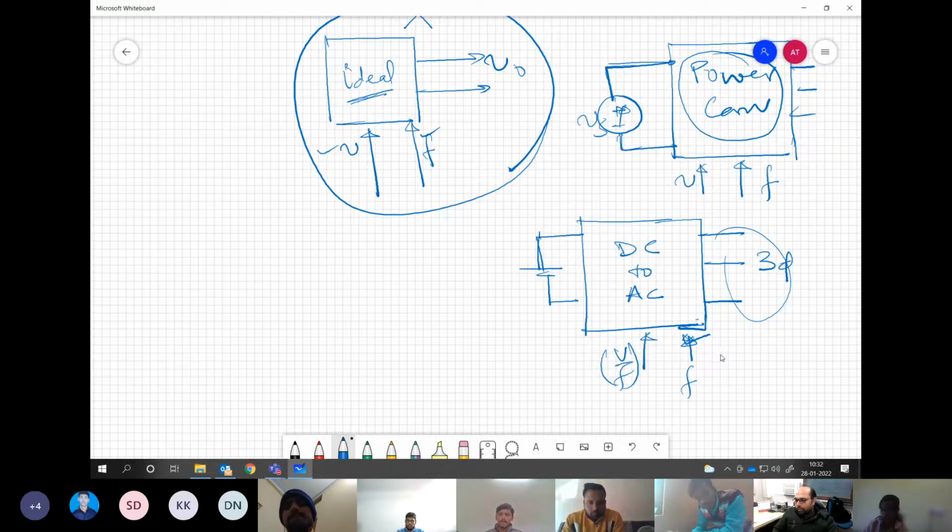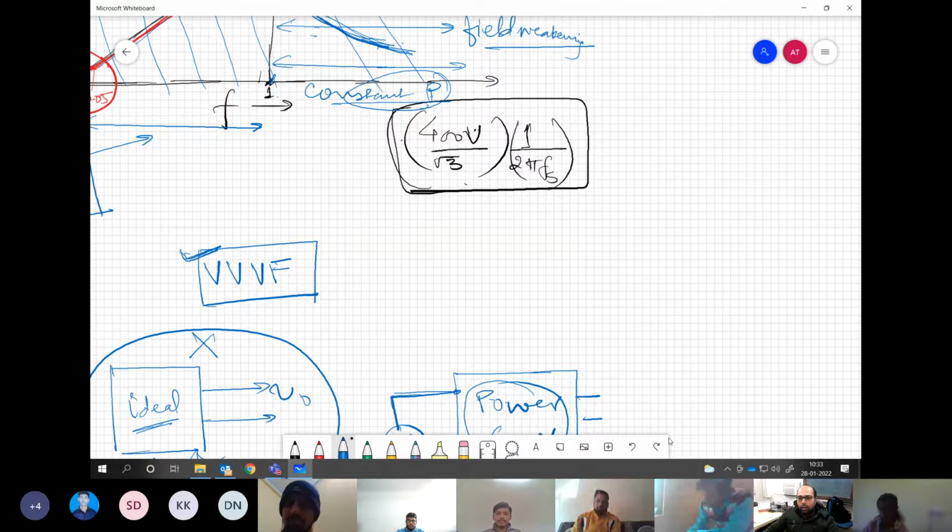You understand my point? Now this is what we are trying to do. We are trying to realize this converter, DC to AC converter. This you can also call an inverter. And particularly because we are dealing with three-phase, we will see how a three-phase inverter is realized.